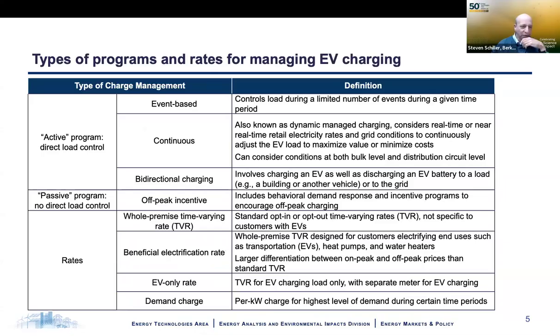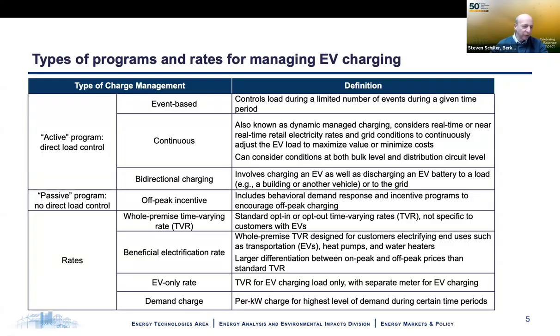Types of programs you might see, you can categorize them as active programs or passive programs or just rates. An active program might be something that's event-based, where we basically have controls in place that limit the number of vehicles that can be charging at any given time. Whereas a passive program might be something that's really a behavioral program, say just encouraging off-peak charging.